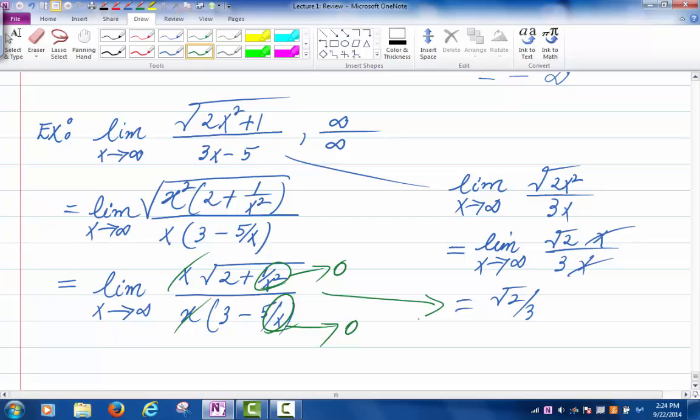Is that making sense? Is everybody okay with that? I think a problem like this, probably 8 out of 10 times I put it on the first exam.